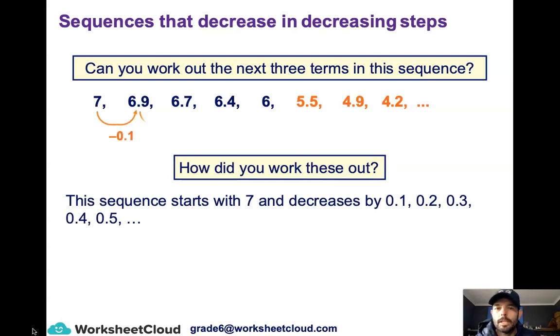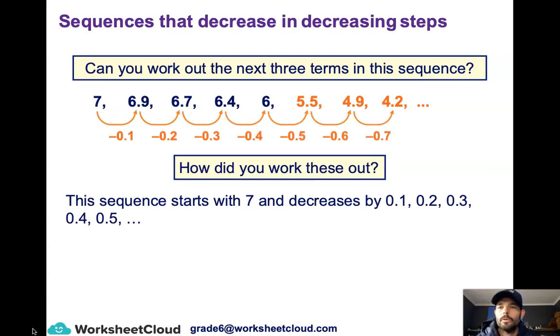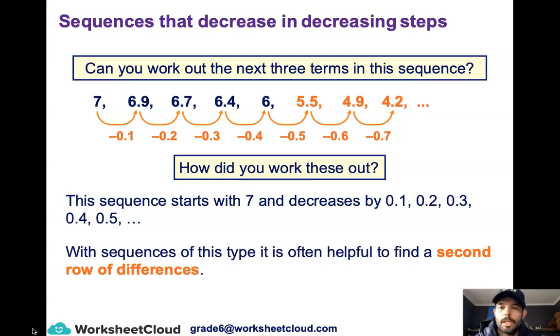So how did you work these out? That's pretty much how you would have worked it out. You would have noticed the difference between each of the consecutive terms, and with sequences of this type, it's often helpful to find a second row of differences. What do we mean by that? That's the linear sequence of how much it decreases by.